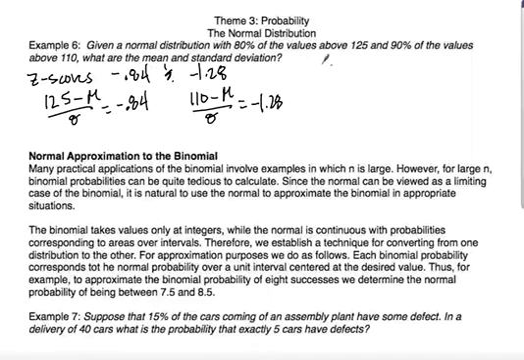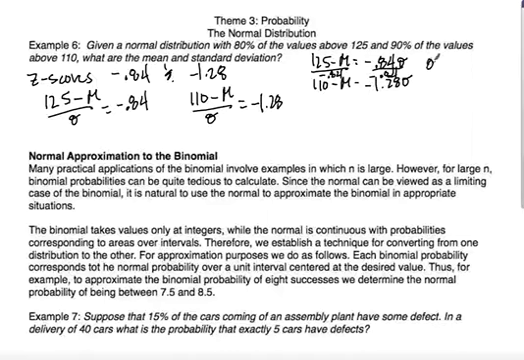So now you could say, I'm going to have to work this out over here. You could say 125 minus the mean equals negative 0.84 times the standard deviation. And 110 minus the mean equals negative 1.28 times the standard deviation. You could divide this one by negative 0.84.